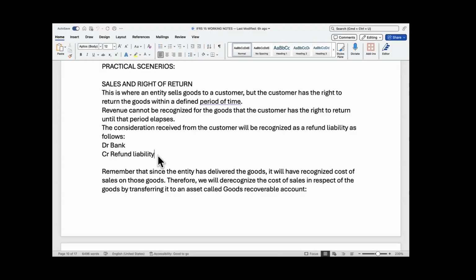So since you are not recognizing that transfer of goods as revenue because the customer has the right to return, you can also remove it from your cost of sales. Otherwise, your gross profit will be too low; you'll be understating your gross profit.